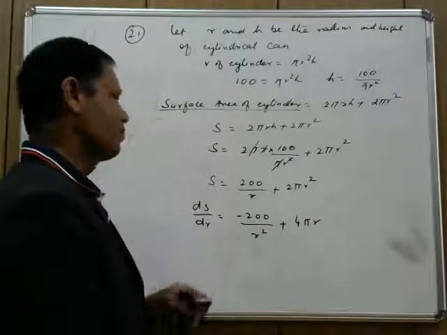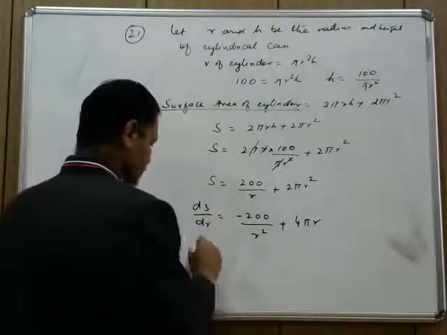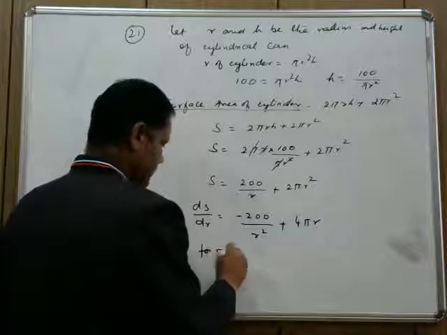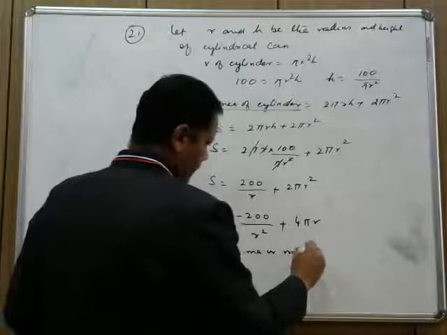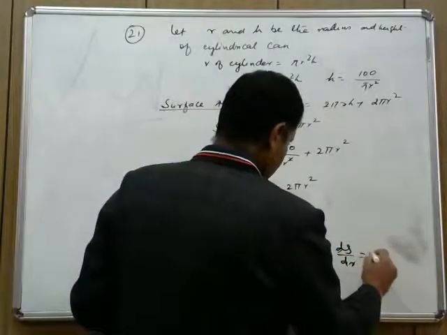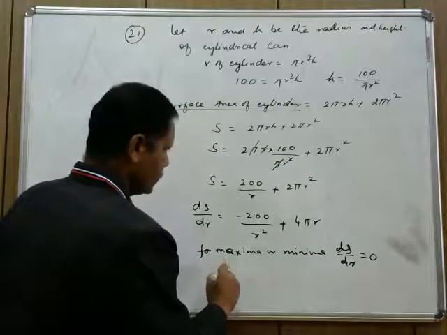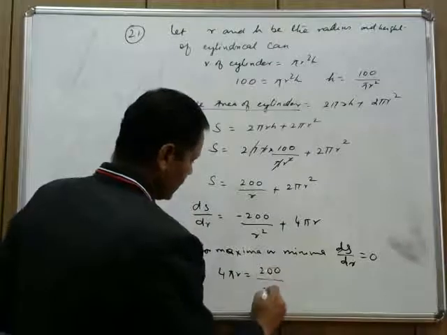That means now for maxima or minima, we know that ds by dr is equal to 0. It implies that 4 pi r is equal to 200 upon r square.